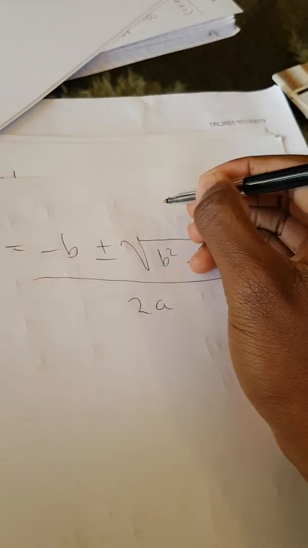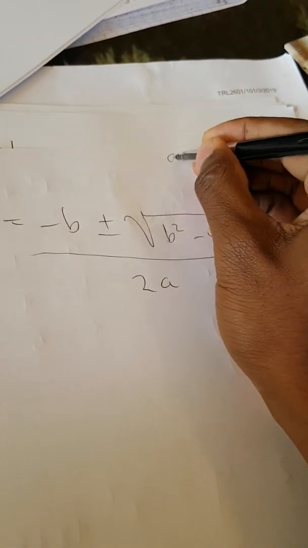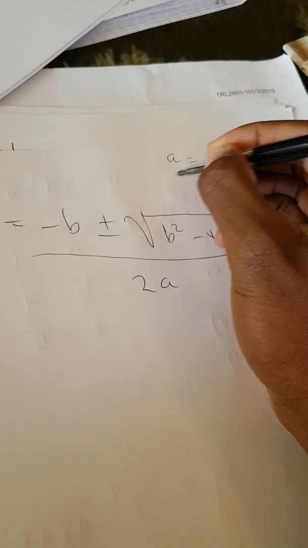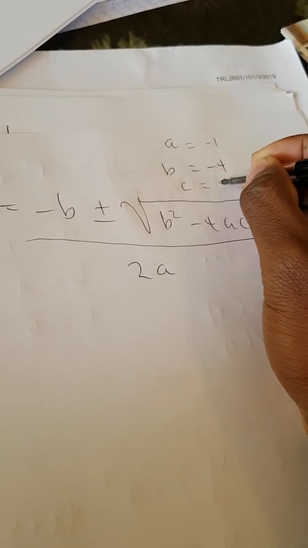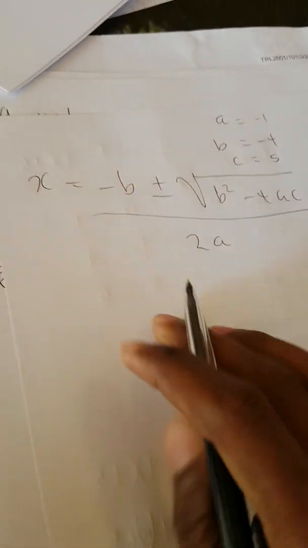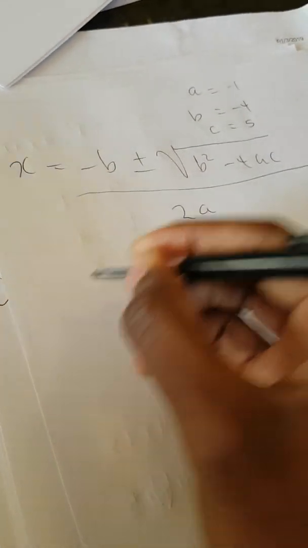So you're gonna come and say, from your information, the value of a is equals to -1, the value of b is equals to -4, and the value of c is equals to 5. So now you come and substitute here with your values.